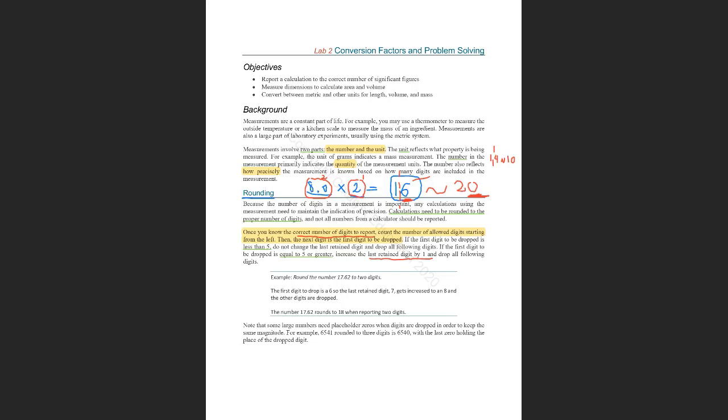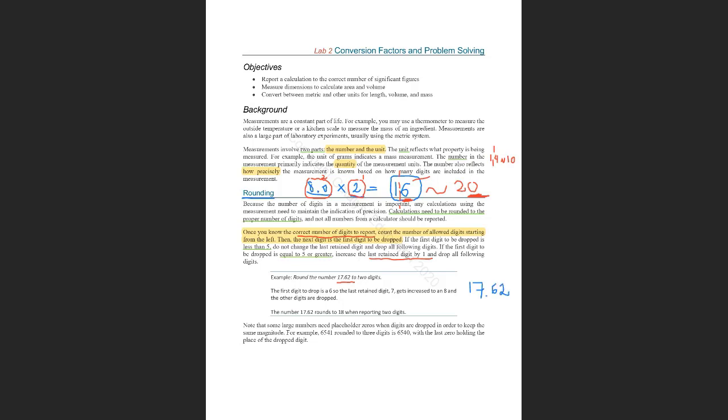So this is about rounding. We are going to practice, and here there is an example. Round the number 17.62 to 2 digits. Okay, so how do we do this? We write 17.62.